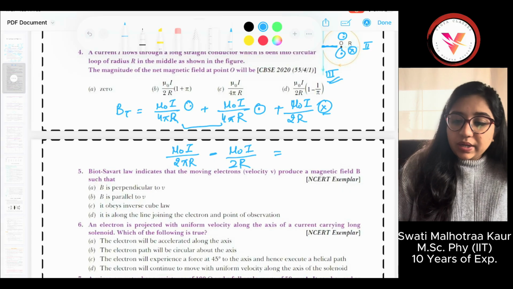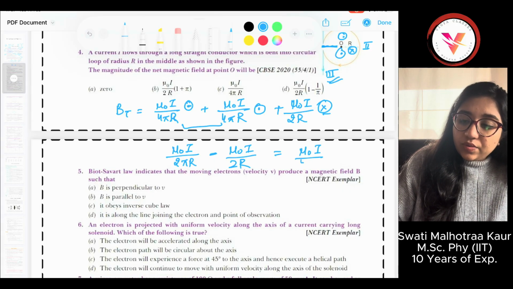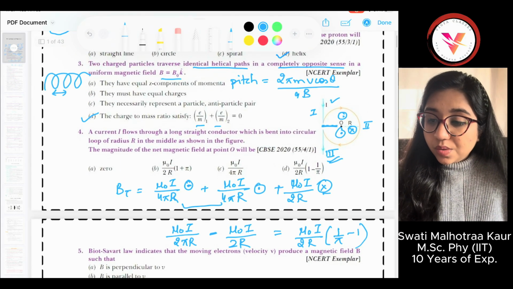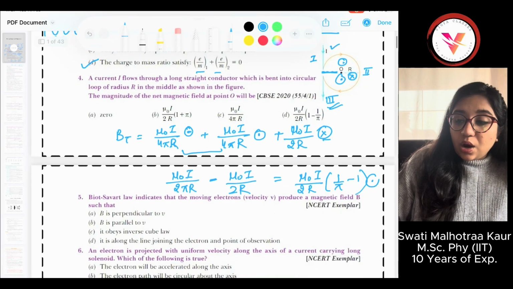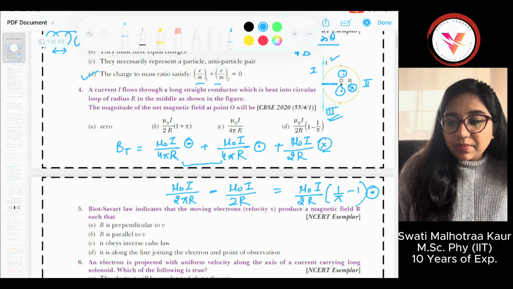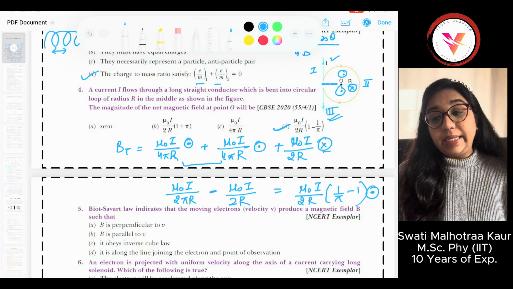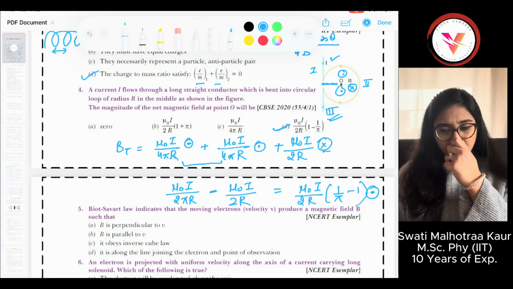Or you can take mu naught I over 2R to be common, 1 by pi minus 1. Okay, so this would be outward, and if you take the inward one, then the minus sign would be there, and the answer would be option D. It is the same, it's just the direction that matters.